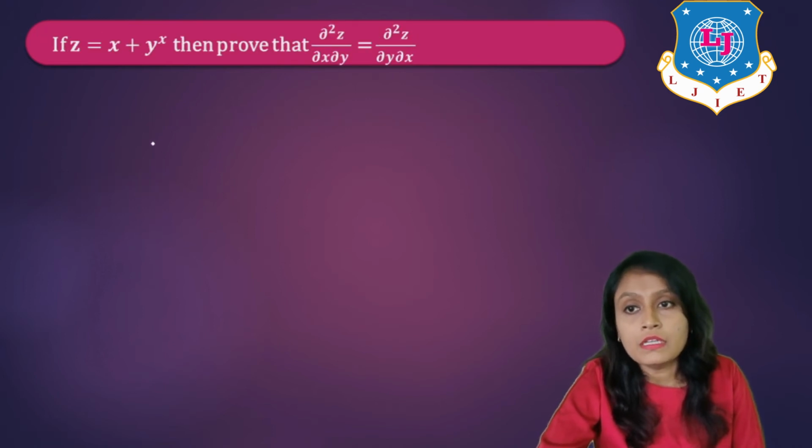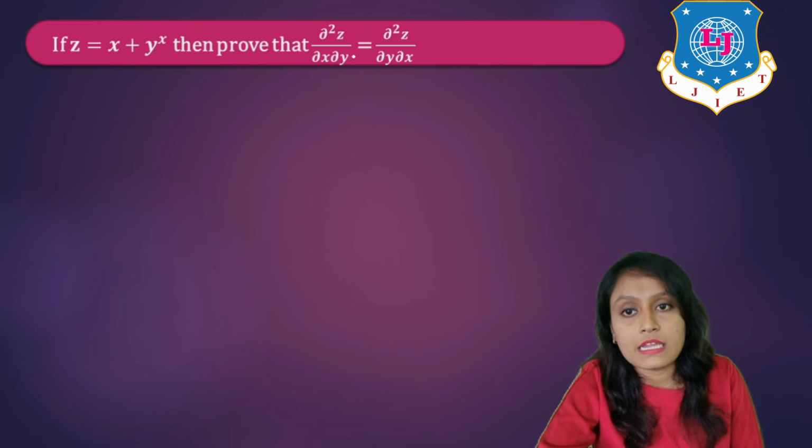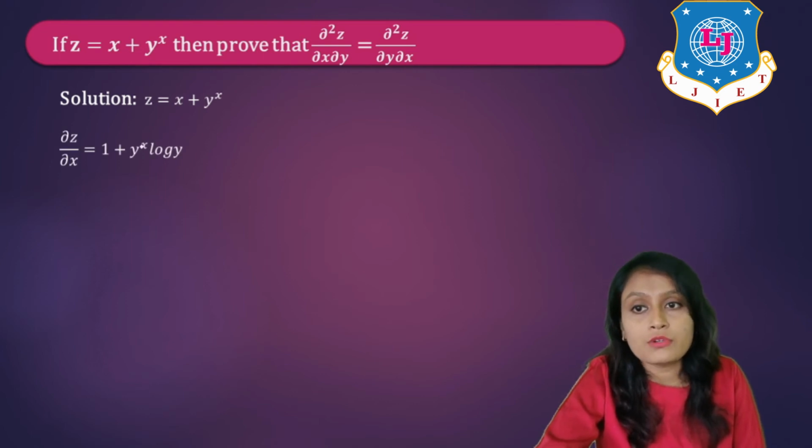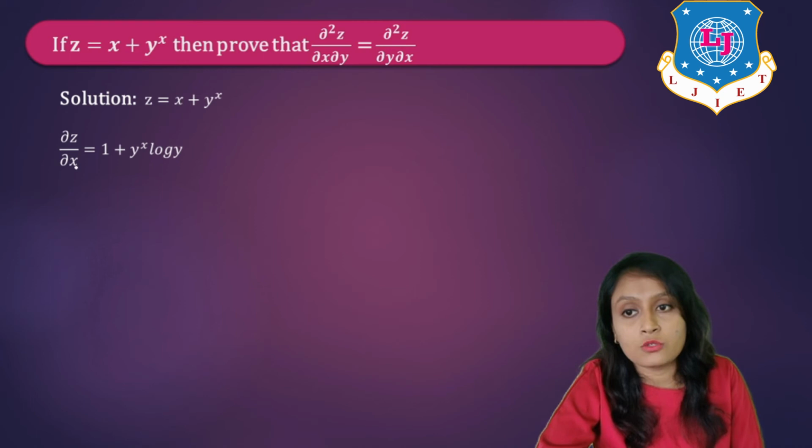So let's see an example. If z is equal to x plus y raised to x, then prove that del square z by del x del y is equal to del square z by del y del x. Okay, so here we have to prove this Clairaut's theorem. So z is given, that is x plus y raised to x. Firstly we will find del z by del x, the derivative of z with respect to x keeping y constant.